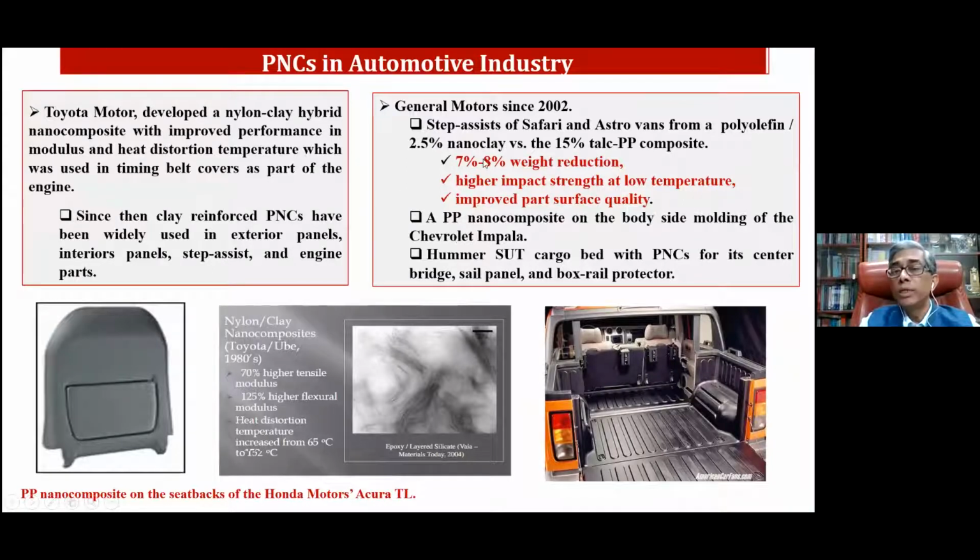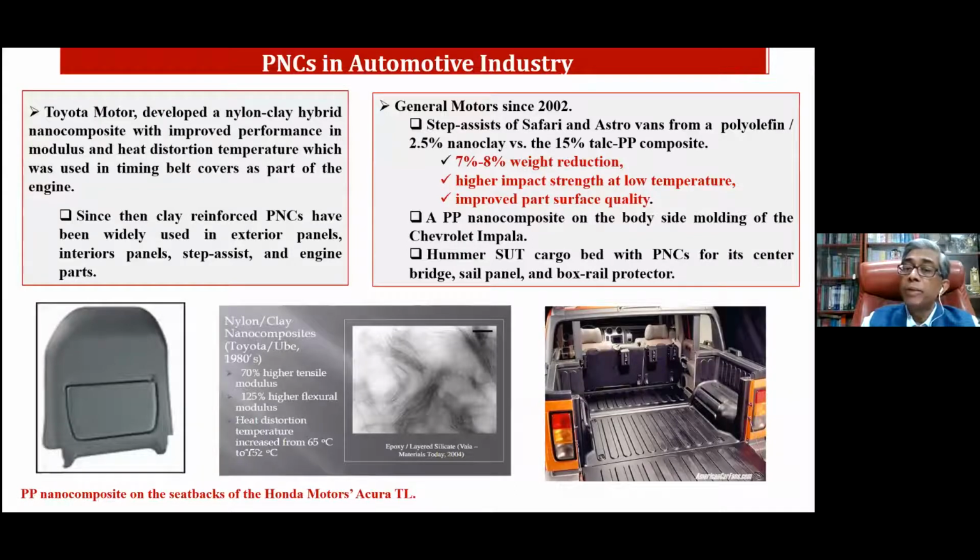In some of their vehicles, they use polyolefin and nano clay with only 2.5% nano clay. They compared the properties with 15% talc and PP composites, and because of that, found a 7 to 8% weight reduction.